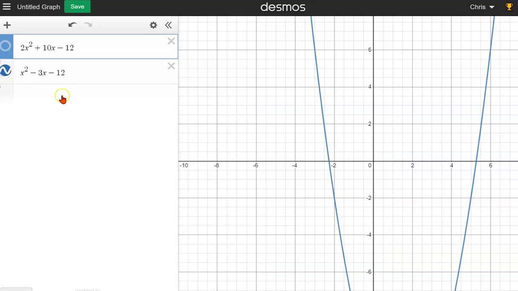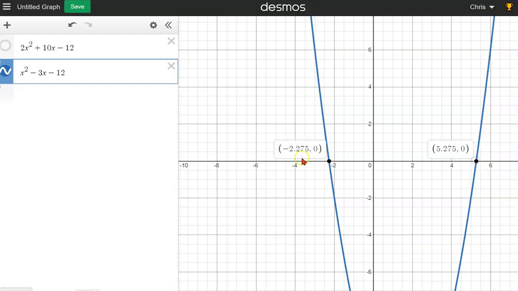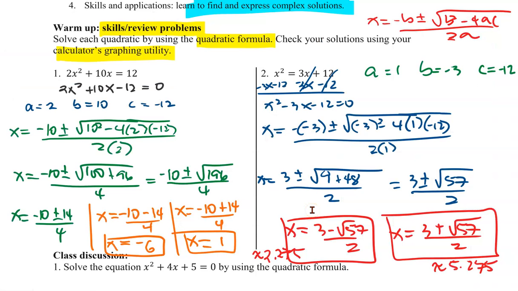And for the second, x squared minus 3x minus 12, if you click on the points on the x-axis, the x-intercepts, the x values are negative 2.275 and 5.275. And these are our answers: negative 6, 1, and for the second problem, negative 2.275 and 5.275.